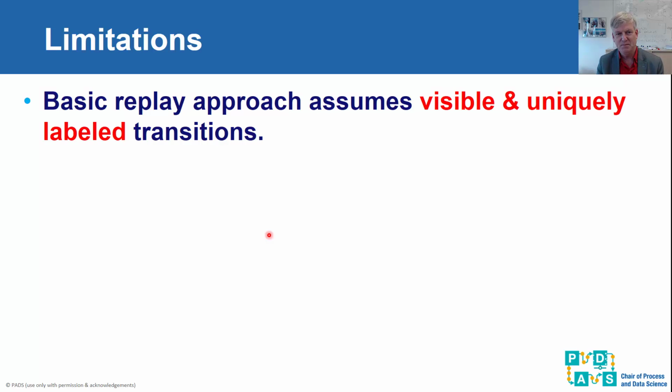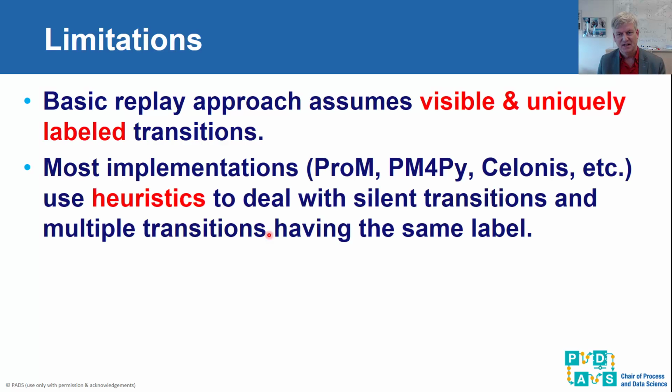So this replay approach is easy to understand. It's very direct. It also gives you diagnostics about where there are problems. However, it makes a set of assumptions that I've not mentioned very explicitly. For example, we assume that there cannot be two transitions in the Petri net that refer to the same activity.